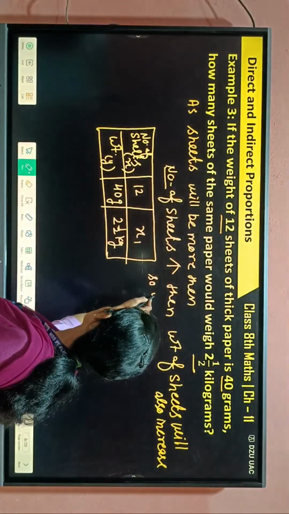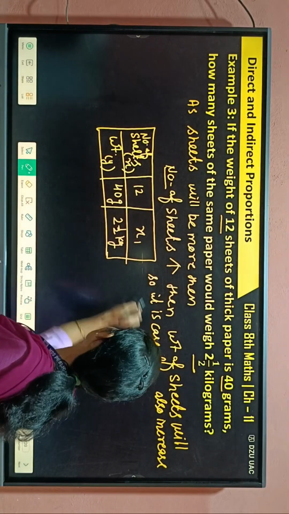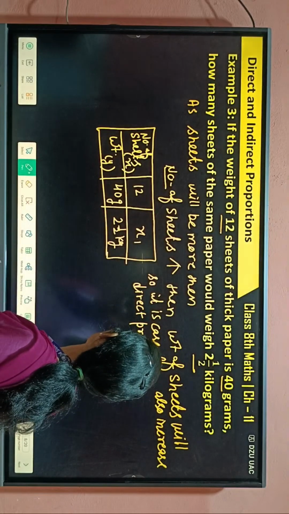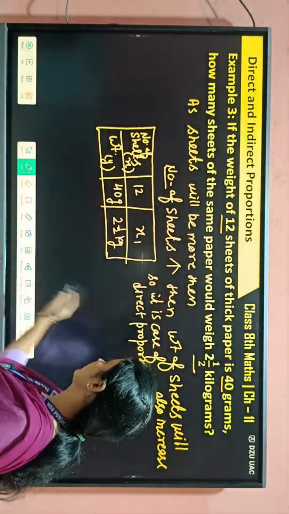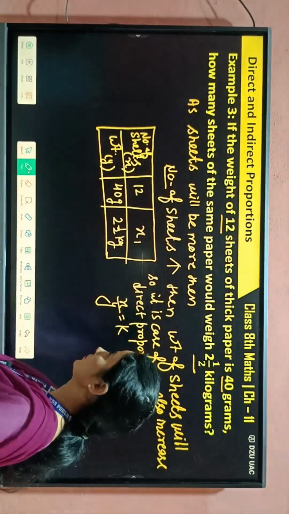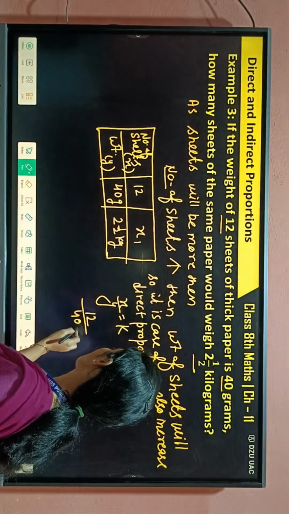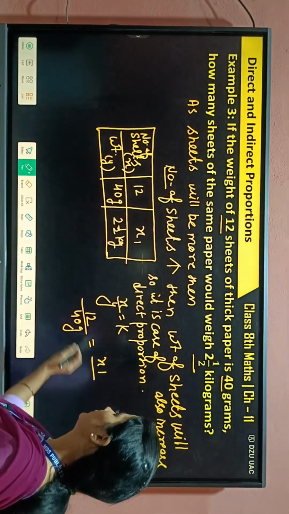So it is a case of direct proportion. In direct proportion, the x by y ratio will be constant. The number of sheets is 12 and the weight is 40 gram, equals x upon 2.5 kg.